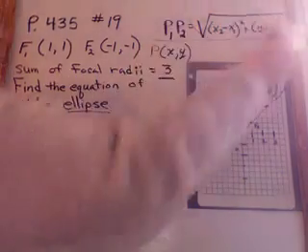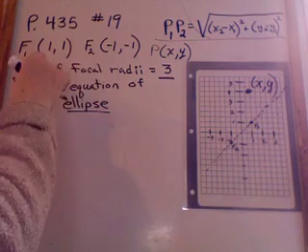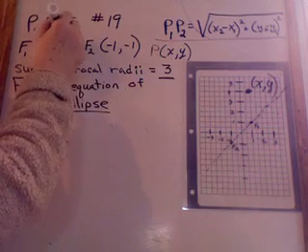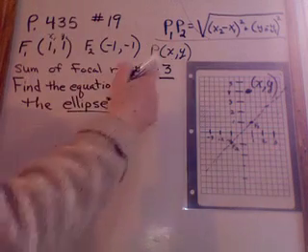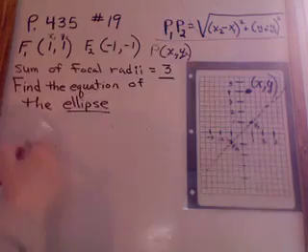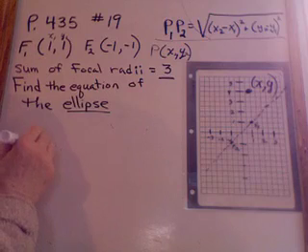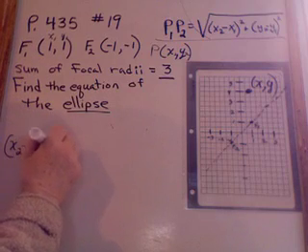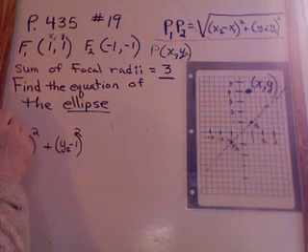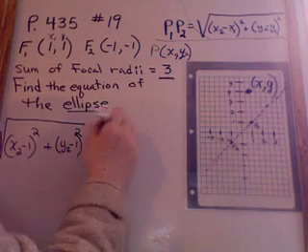So I have the distance formula up here. Let's set that up. I have to do the distance from here to here. So let's call this x1, y1, and we'll call this x2, y2. So I have to do the square root of x2 minus 1 squared plus y2 minus 1 squared, plus the square root.